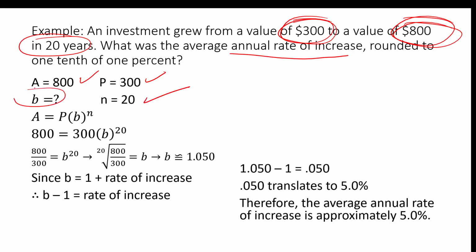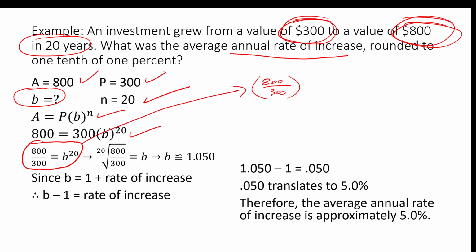But we don't know what B equals. So A equals P times B to the N means 800 equals 300 B to the 20. We can divide each side by 300 and we get this expression here. 800 over 300 equals B to the 20. Well, what you can then do, you can take two different approaches to this. You can say, I'm going to raise 800 over 300 to the exponent 1/20th, and I'll raise B to the 20 to the exponent 1/20th.